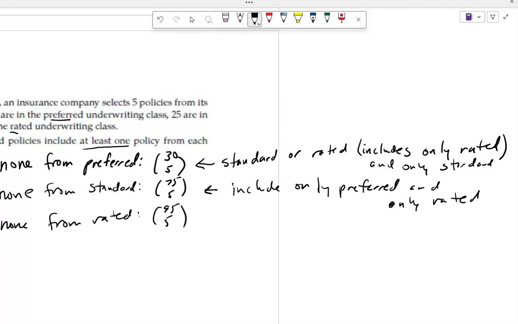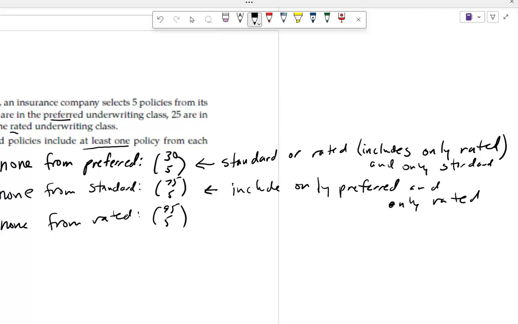Is that what should be the ones that we only want to do, right? In this group here, we've already counted the things that are only standard, right? Because it's possible to select all standard and no rated, and it also includes the only rated, and then a mixture of the standard and rated, right? So I'm just trying to make sure that we only count what we need to count and not double as we go along. So at this point, this would include only preferred and only rated.